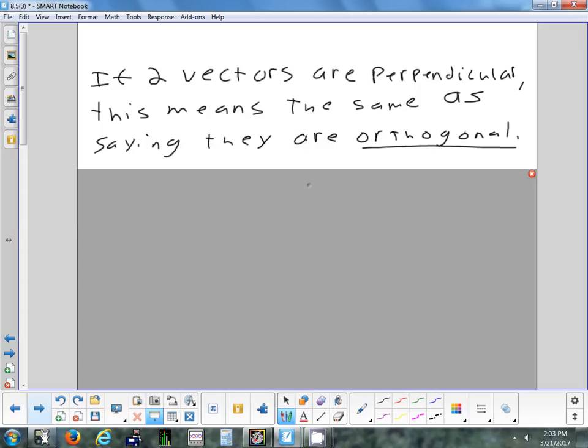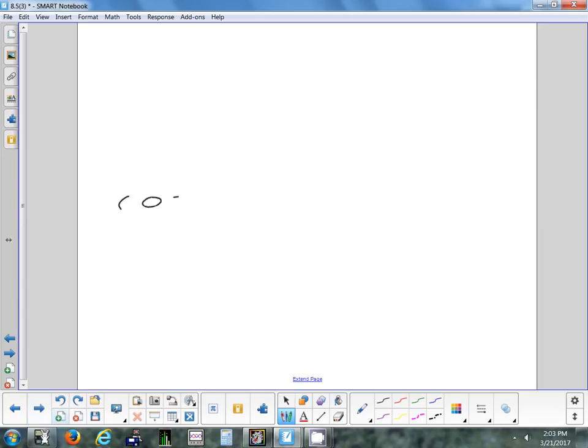What did we just say the angle has to be if they're perpendicular? 90. So I want to work backwards with the formula and show you a shortcut to figuring out if two vectors are orthogonal. The angle would have to be 90. That would be on the left side of the formula.